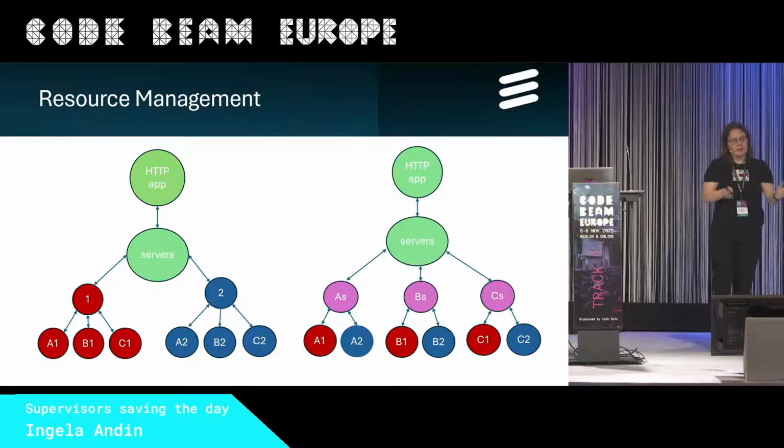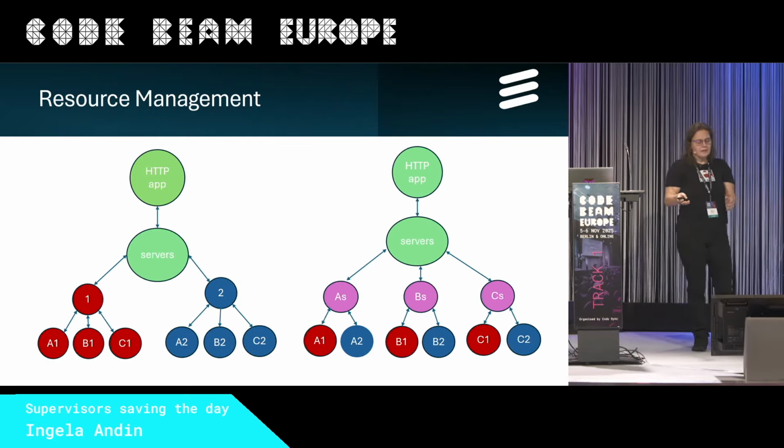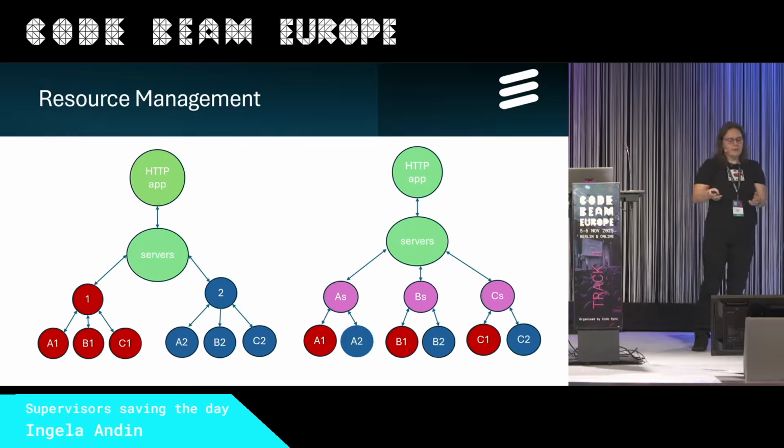So if we arrange them as on the left side, you can see that if something happens in the server number 1 tree, this doesn't need to affect server number 2. But if we arrange it as on the right side, now things going bad in the supervision tree of A's might affect both servers, even if it was only one server that was failing, actually.